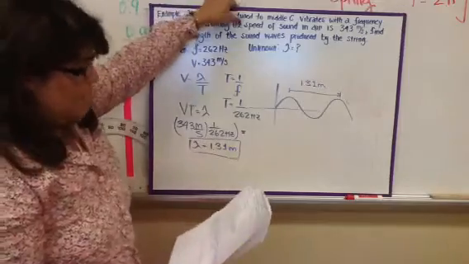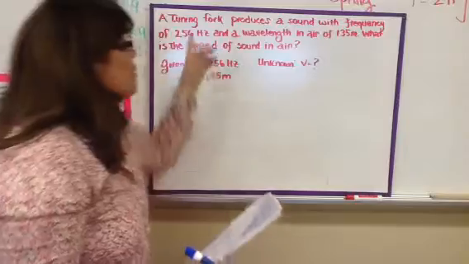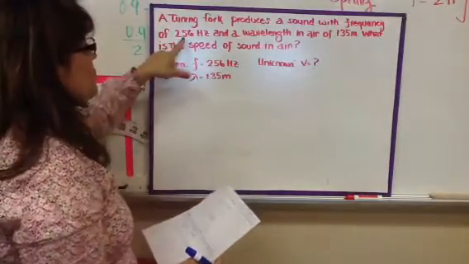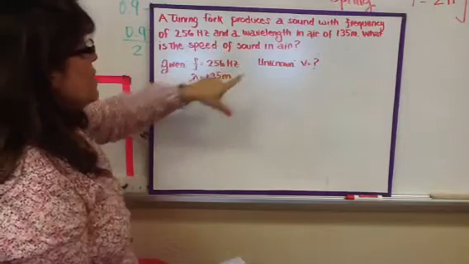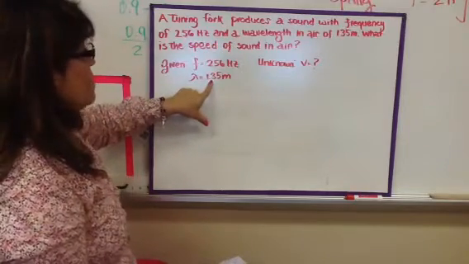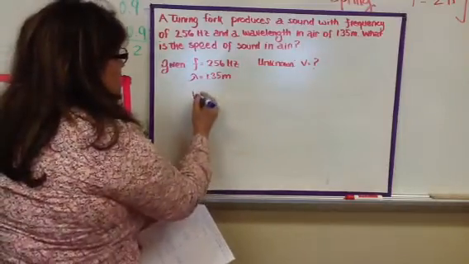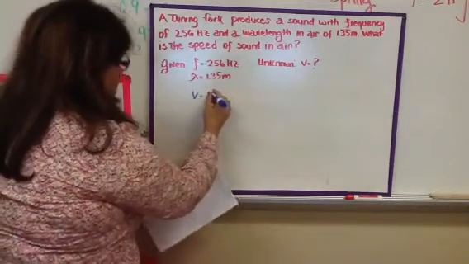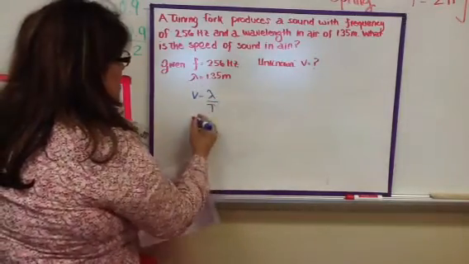Okay, and we'll try one more problem. I have a tuning fork. It produces a sound with a frequency of 256 hertz and a wavelength in air of 1.35 meters. What is the speed of sound in air? So we're going to start with velocity is lambda over time, and we're looking for velocity.